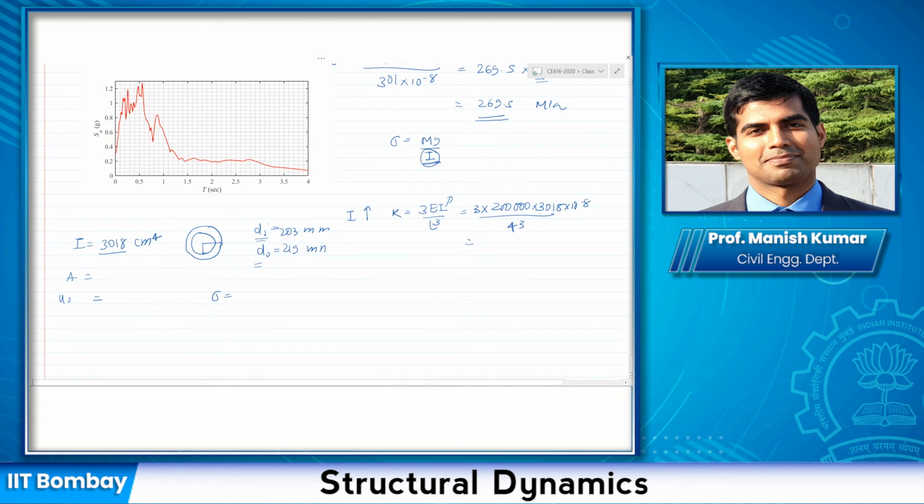If you substitute this, let me calculate quickly, you will get 282,938 Newton per meter. So you can find the modified time period, 2 pi under root m by k. Substitute this k value and m: 1650 divided by 282,938. It comes out to be around 0.48 second.